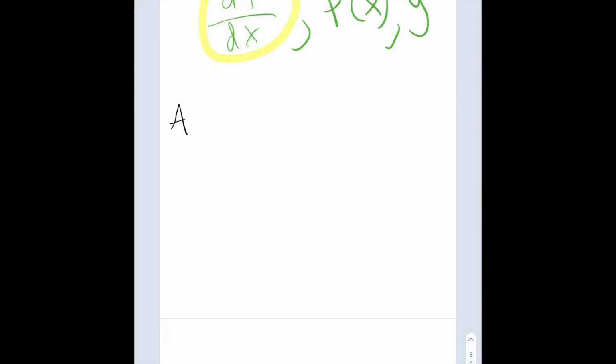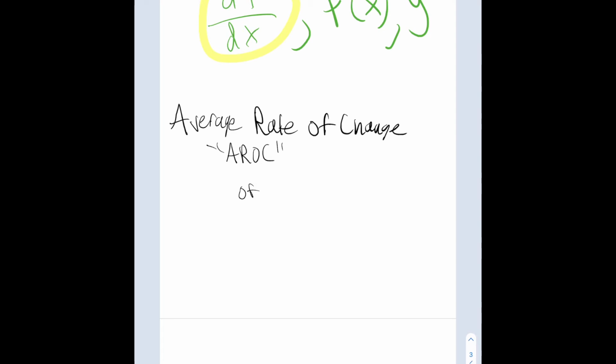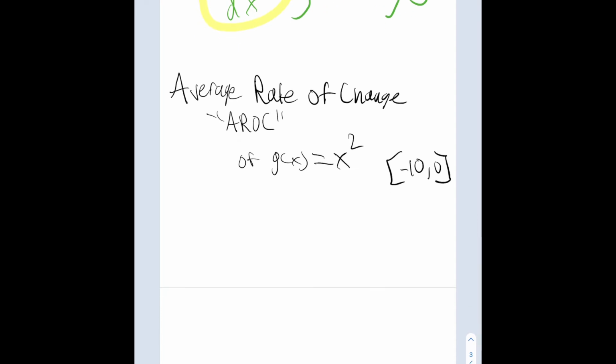Let's say that we want to find the average rate of change. Again, what's the slope? You'll see this as AROC. So average rate of change of g of x equals x squared over the interval of -10 to 0.